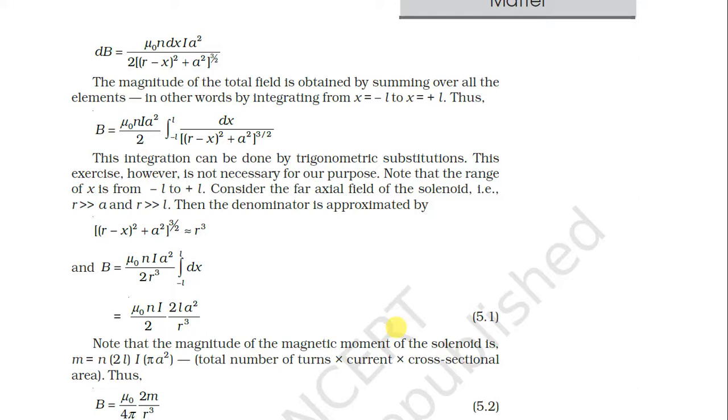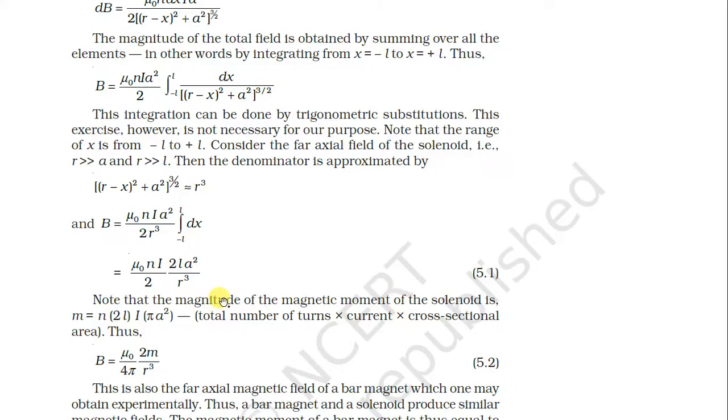Note that the magnitude of the magnetic moment of the solenoid is m equals 2L n times I times pi a square, that is, the total number of turns multiplied by the current multiplied by the cross-sectional area. So n I 2L a square pi is equal to m, and B is equal to mu 0 by 4 pi into 2m upon r cube.